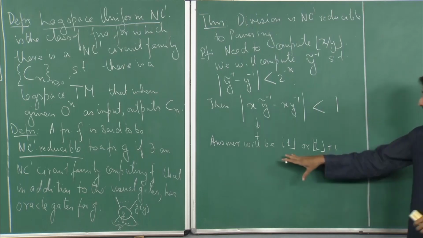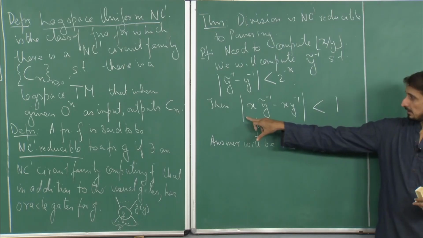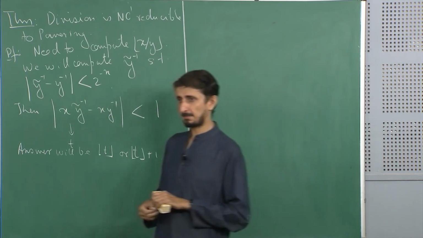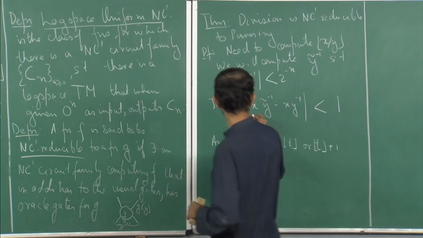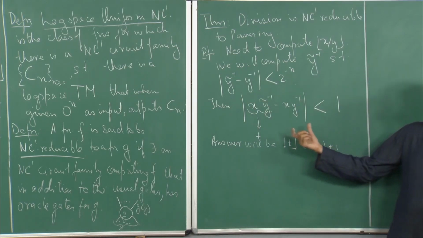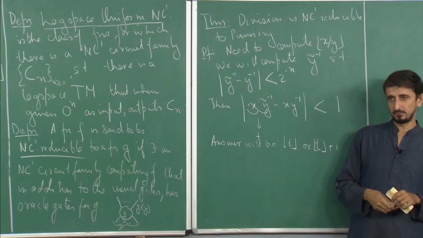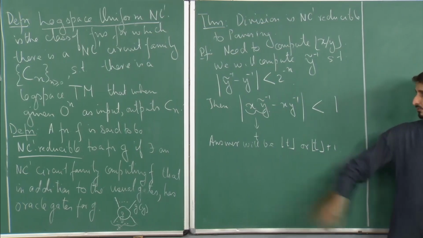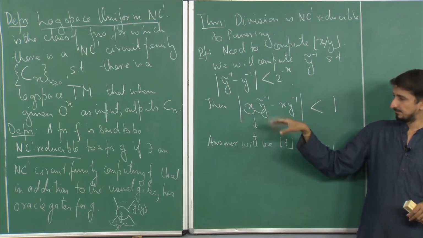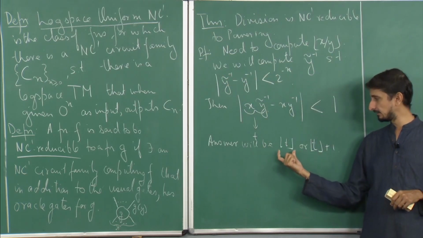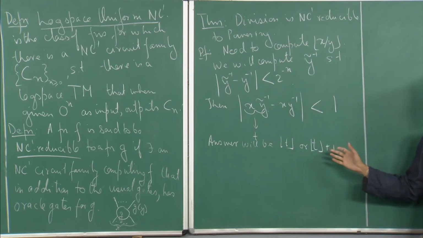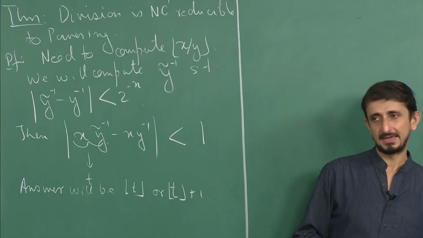So, t is the approximated product that we are computing. We will compute y tilde inverse, multiply that with x, set that as t, take the floor of that, and the actual answer will be either this or this, that we can determine just by back calculating.